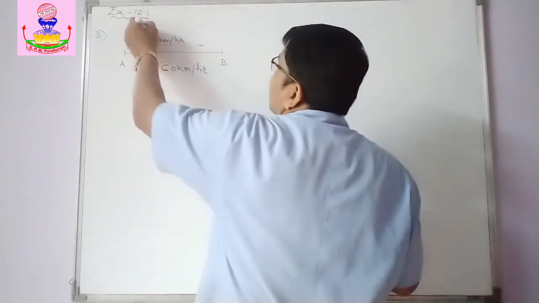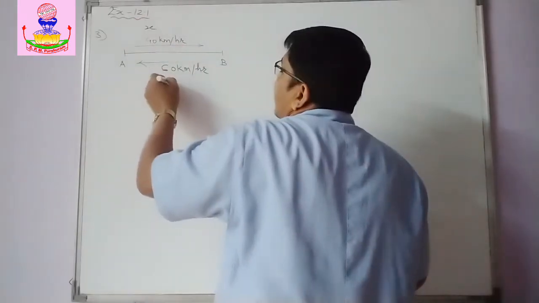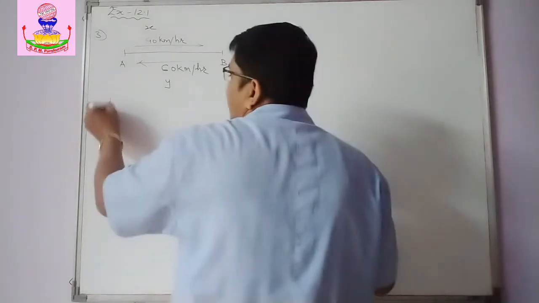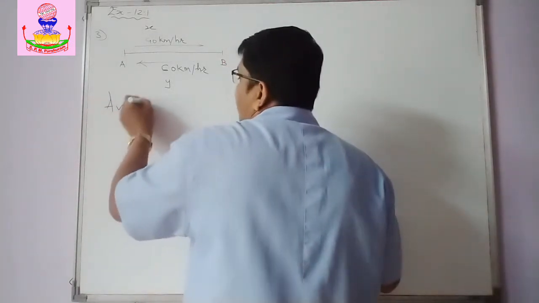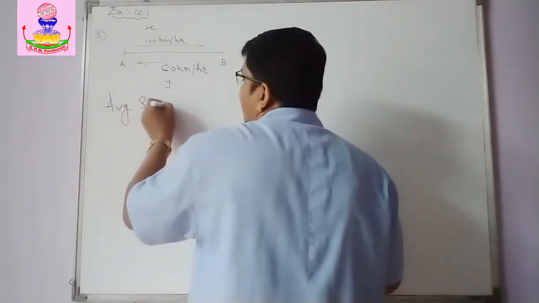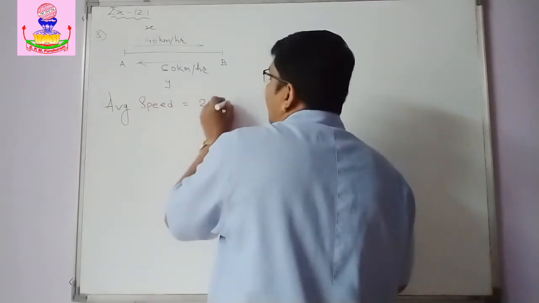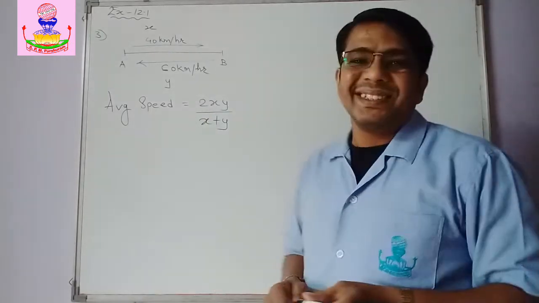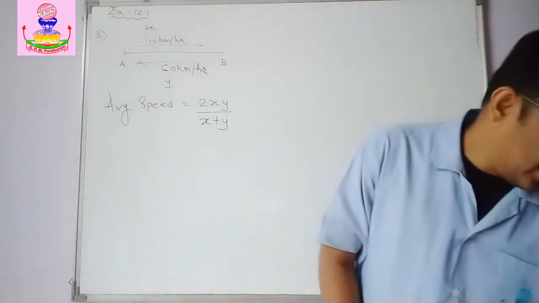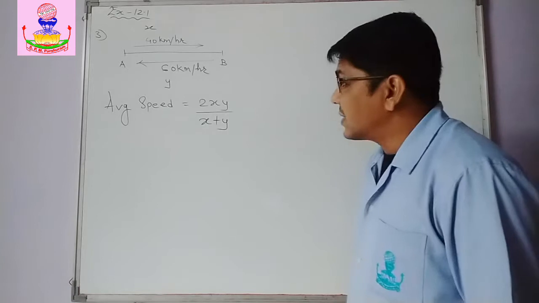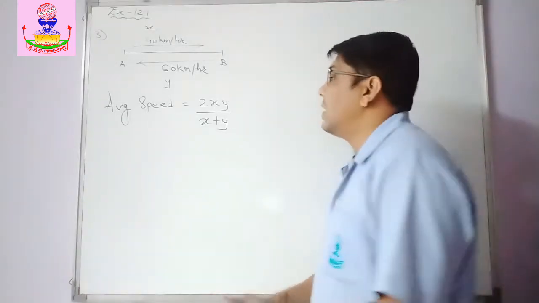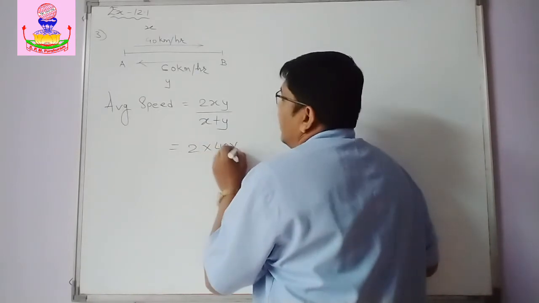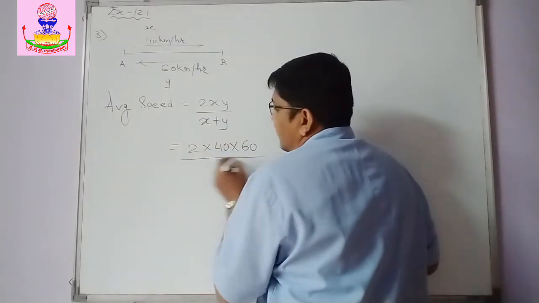Okay, suppose I assume this as x kilometers per hour and this as y kilometers per hour. So the clue is average speed is equal to 2xy upon x plus y. Now what is x here? 40. What is y? 60.